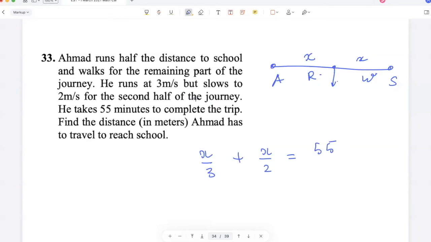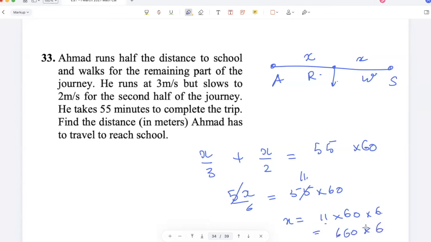But we are working with seconds. So 55 into 60 seconds. Okay, so then we get 5x by 6 is 55 into 60. So 5 into 11. So x is 11 into 60 into 6. So that's 660 into 6.